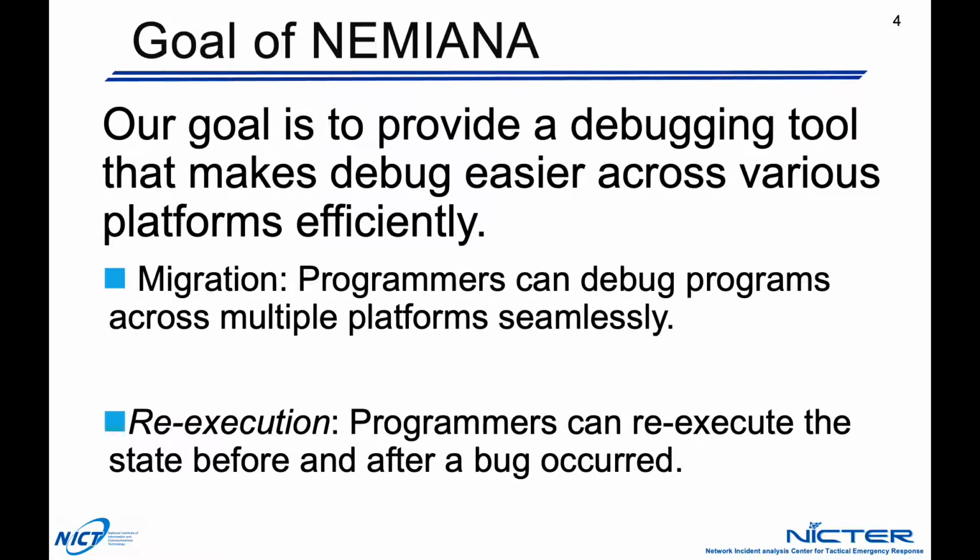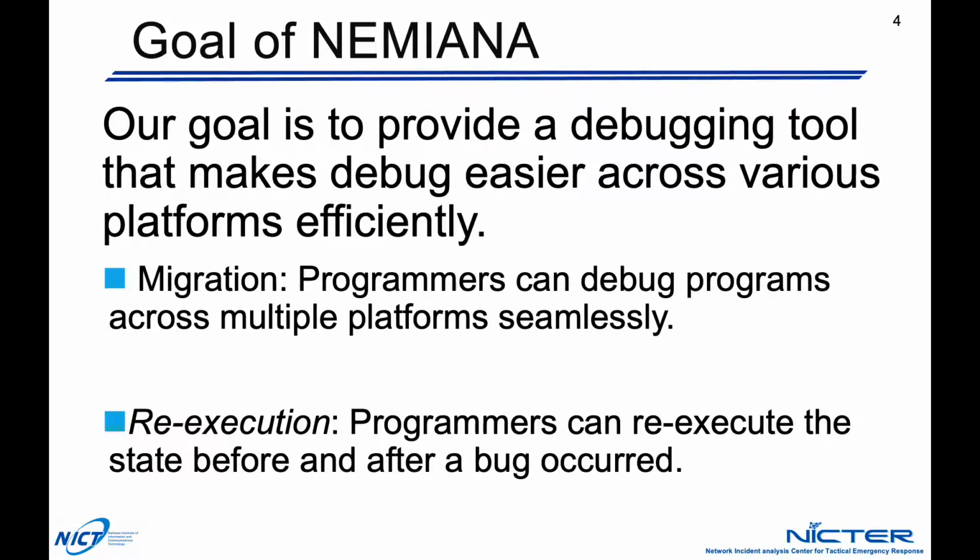Our goal is to provide a debugging tool that makes debugging easier across various debugging platforms efficiently. NEMIANA has the following 2 functions for efficient debugging. The first is migration. Programmers can debug programs across multiple platforms seamlessly, for example, between an FPGA board and QEMU.